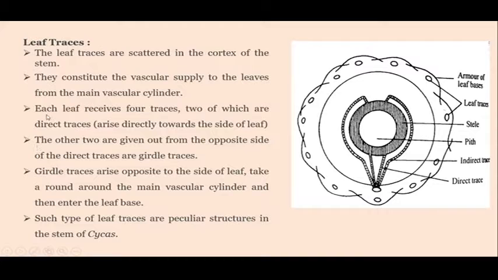Here again we can see each leaf receives 4 traces, 2 of which are direct traces that arise directly towards the side of the leaf. The other 2 are given out opposite to the direct traces and are called girdle traces. Girdle traces arise opposite to the side of the leaf, take a round around the main vascular cylinder and then enter the leaf base. Such leaf traces are a peculiar structure in the stem of Cycas.